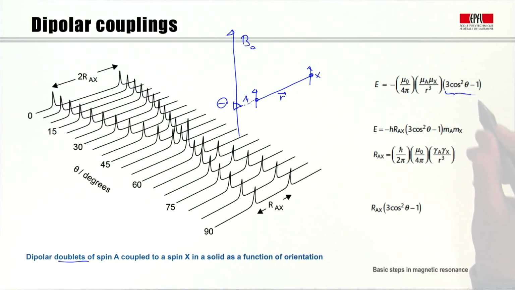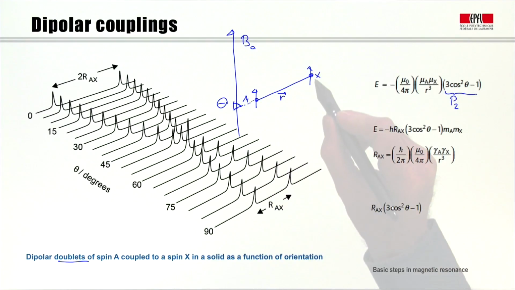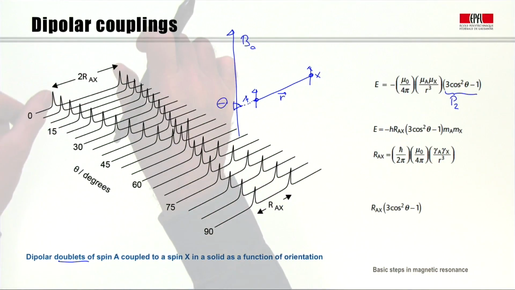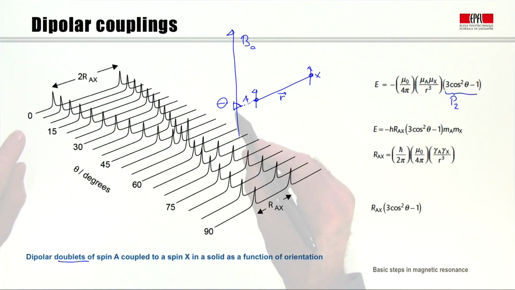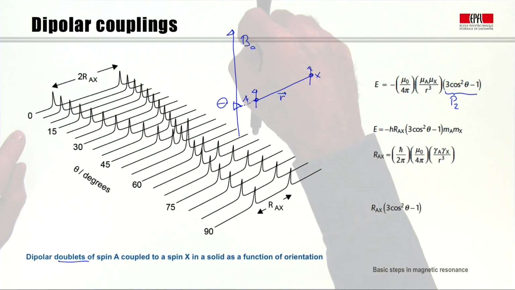In fact, this is called the Legendre polynomial of rank 2, sometimes called just P2. The peculiar property is that it depends on the orientation of this vector with respect to the magnetic field. So you have an example here of the doublet. It is a large doublet if theta is 0, that is to say if this vector is aligned with the magnetic field.